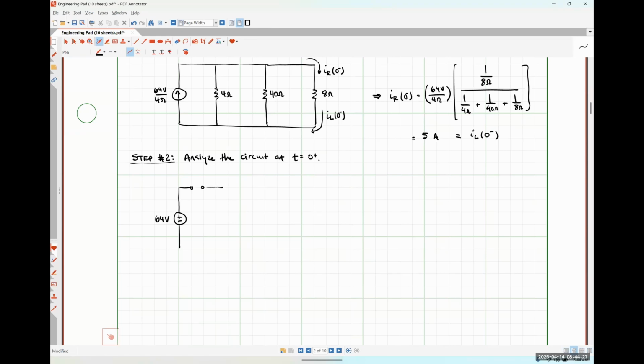There's the open circuit replacing our switch. Here's the 4 ohm resistor. The 40 ohm resistor. The 8 ohm resistor. What our inductor is doing, we'll sort that out in a moment.